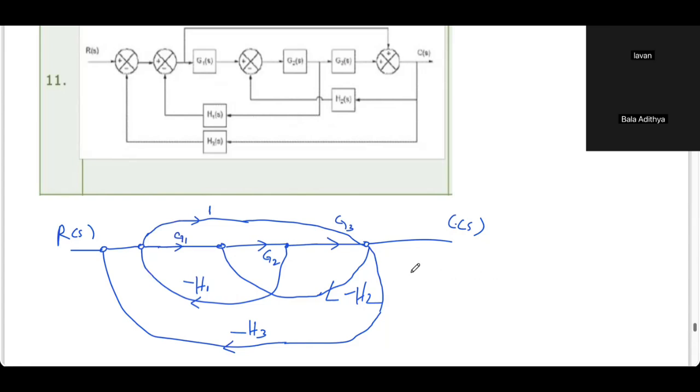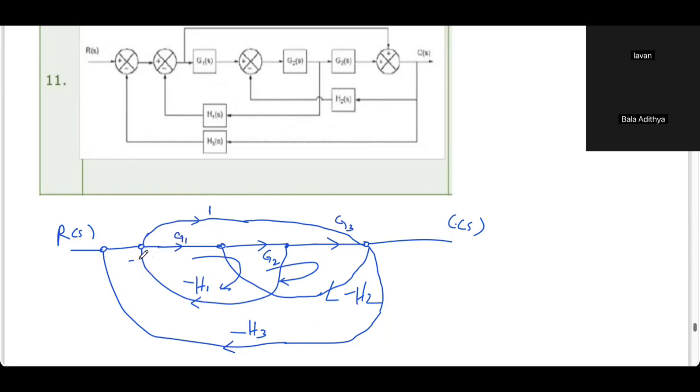Now, how many loops are there? This is one loop. This is one loop. This big loop is there, and this loop is also there, no?